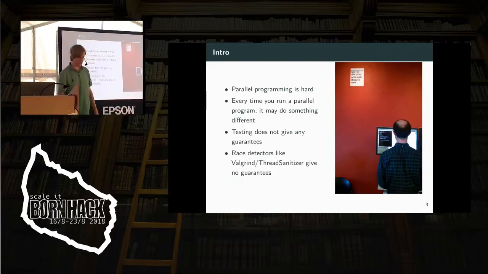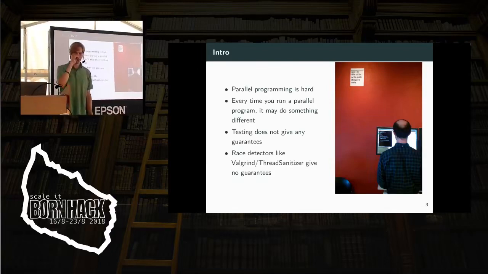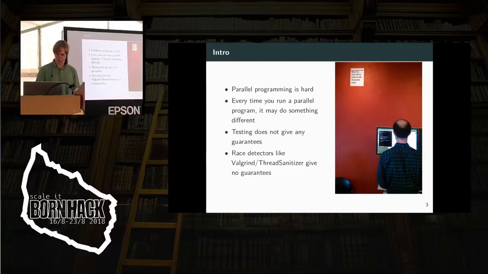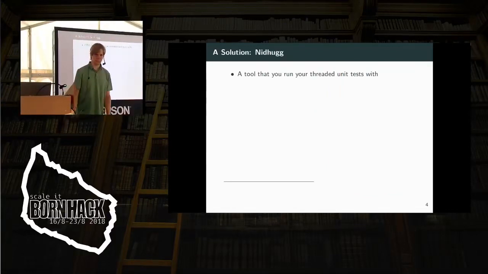But unfortunately, these things too do not give guarantees. Even for the types of problems they do look for, they do not guarantee to find them. But all hope is not lost, because there are tools that can give these types of guarantees. And this is what I'm going to teach you today.